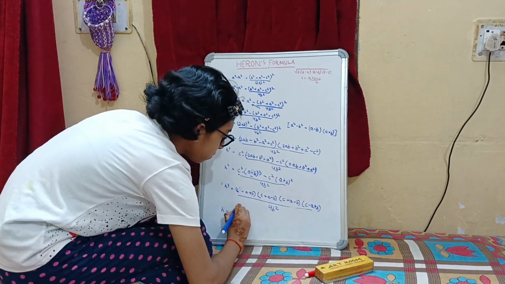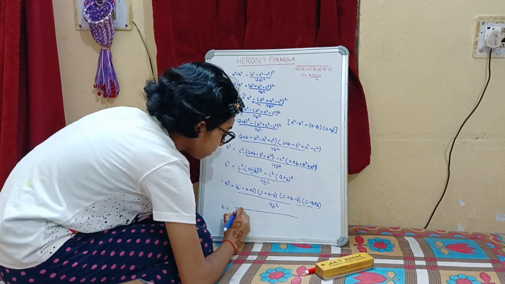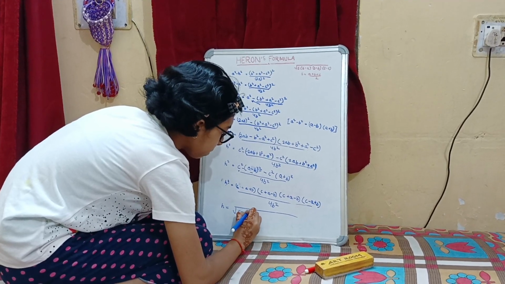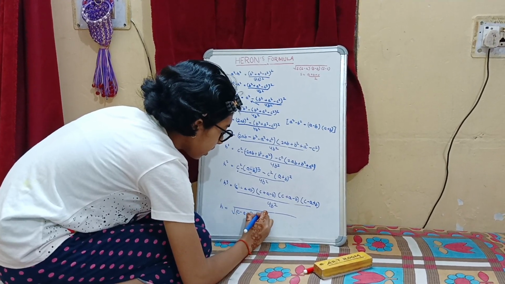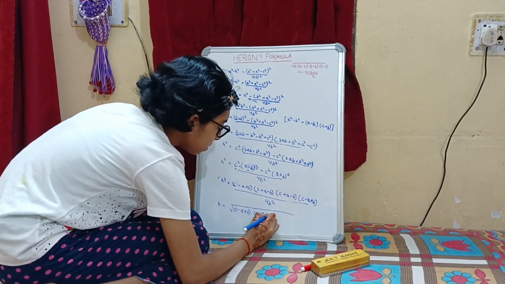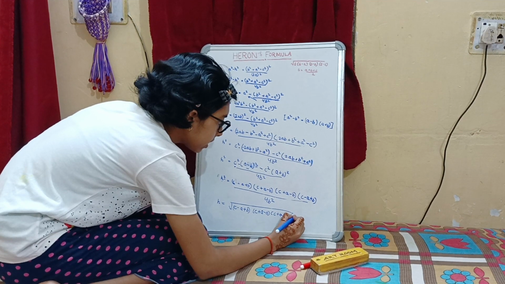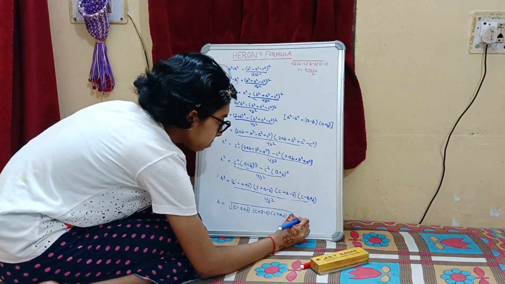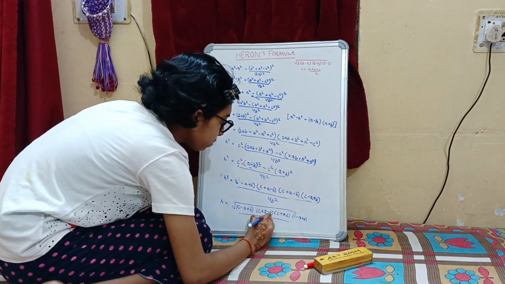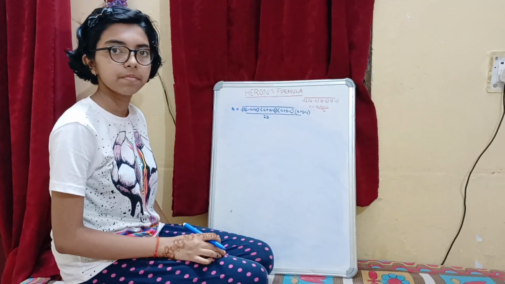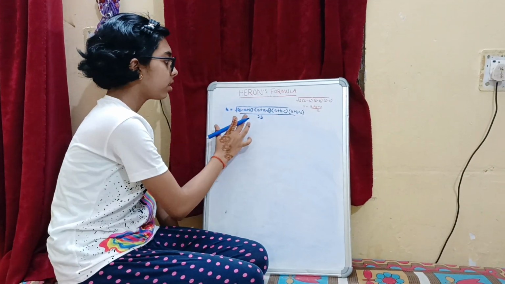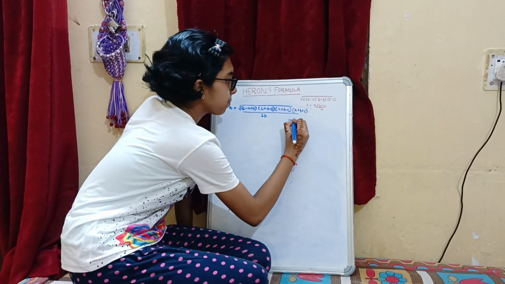So h will be equal to under root of (c minus a plus b)(c plus a minus b)(a plus b minus c)(a plus b plus c) whole divided by 4b square. So now this is our third equation.